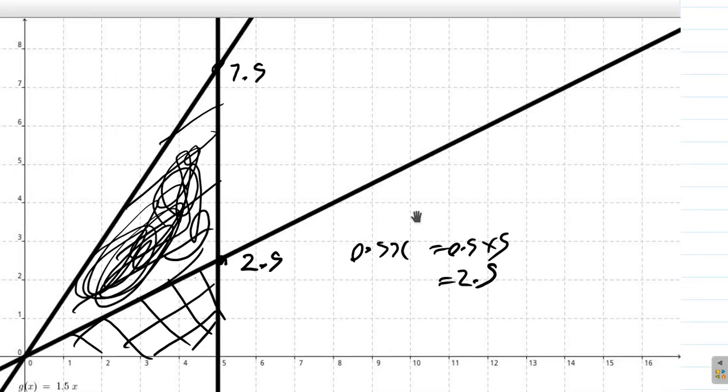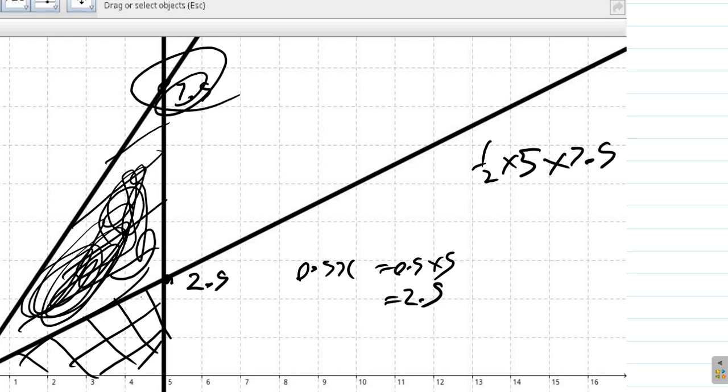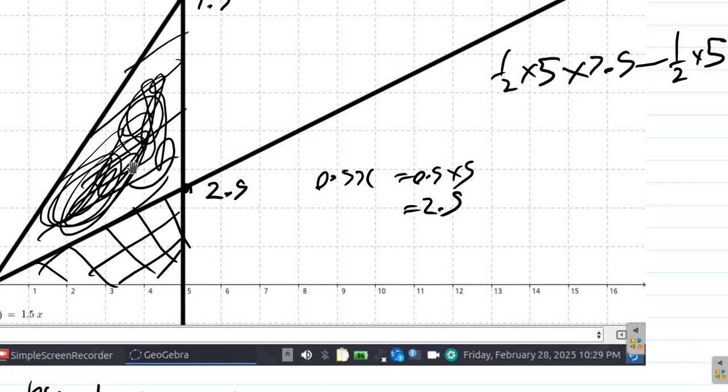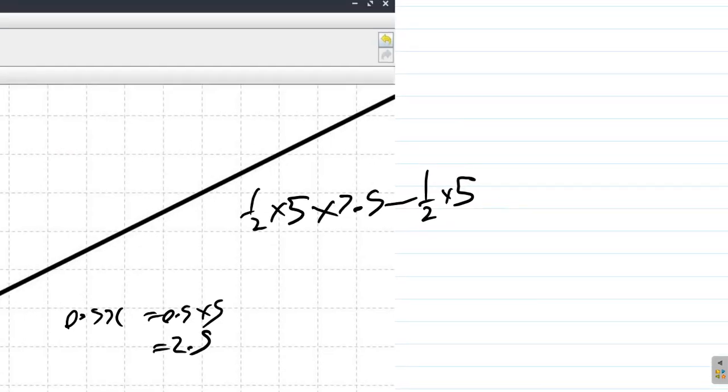So if you use that method, you say half times the base, which is 5, times the height, 7.5 for this one here, minus half times the base, which is 5, because remember the base is the width from here to here, times the height, 2.5.